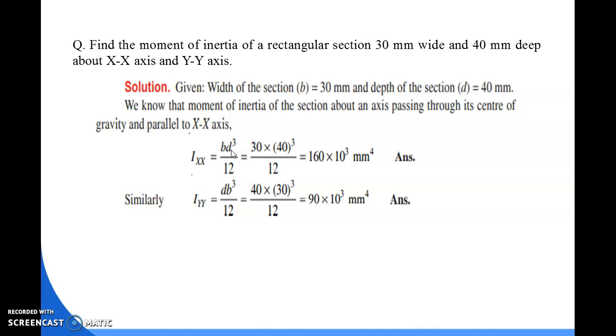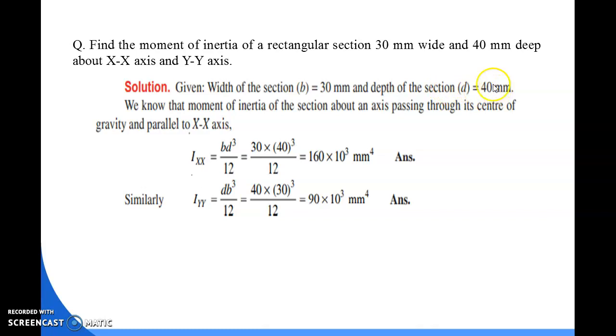Here we have to calculate the moment of inertia along the x-axis as well as along the y-axis. First of all, we have to write down all the given data. The width of the section is given as 30 mm and the depth of the rectangle is given as 40 mm.